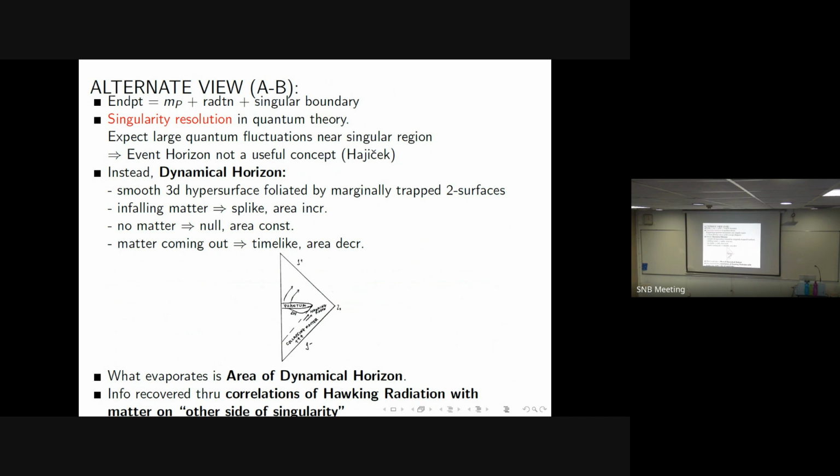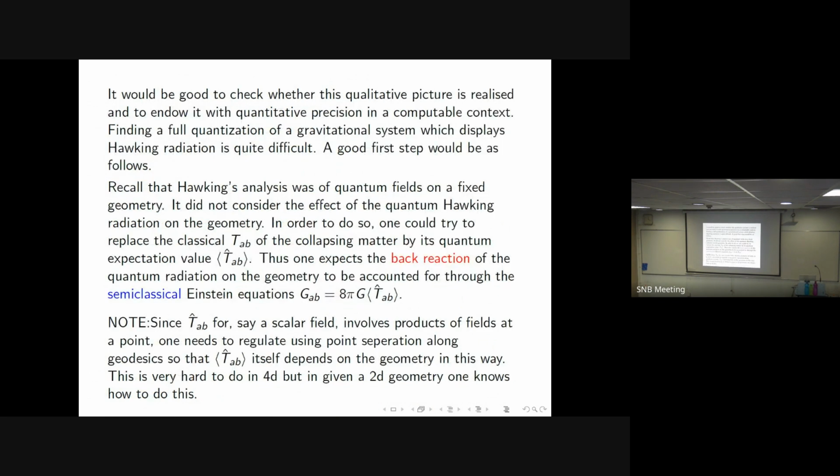That is a proposed possible mechanism of alleviating the Hawking information loss problem. But for that you need to assume that quantum gravity resolves the singularity. Now this is just a qualitative idea. And of course, it would be good to check whether this qualitative picture is actually realized in some simple computable model where you can go a little bit ahead with the computation.